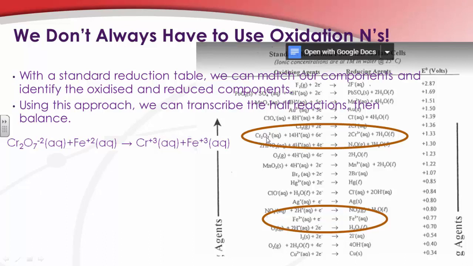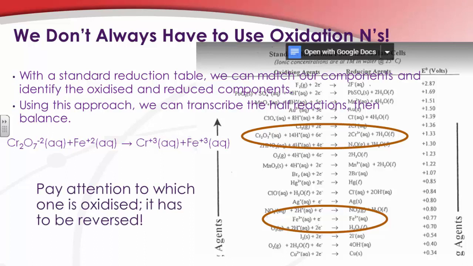So dichromate is generating 6 electrons. Iron is going to accept those electrons. So we reverse that reaction and then we can add them together in balance as we did previously. Hopefully that's clear. So that's the only trick to using the standard reduction table: you have to recognize which one of the reactions has to be reversed, which one's being oxidized instead of reduced.